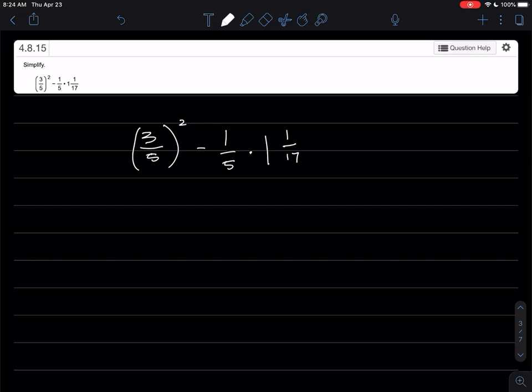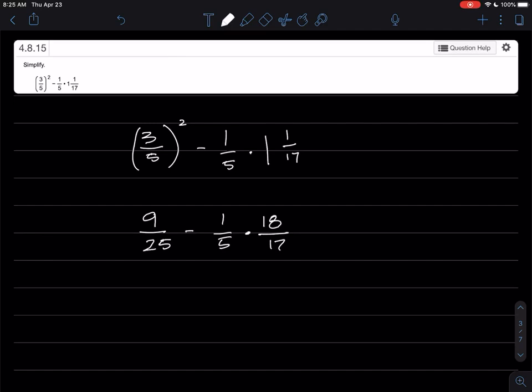So remember, using order of operations, we would do parentheses and exponents first. So 3 over 5 squared is going to be 9 over 25 minus 1 over 5. And then changing this to an improper fraction, we would get 17 times 1 is 17 plus 1 is 18. So we have 18 over 17.